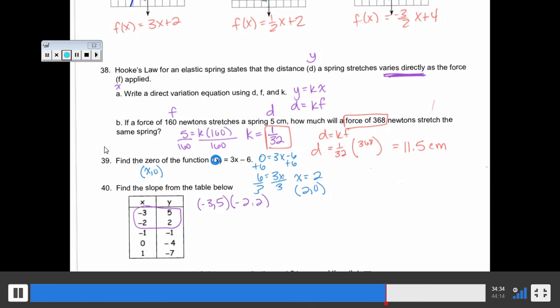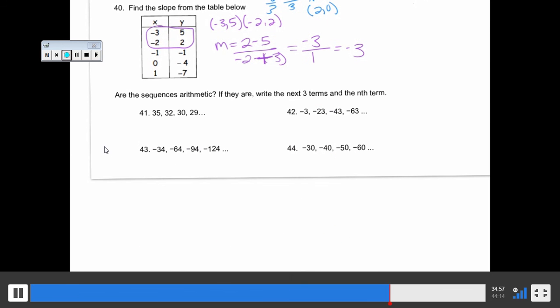And I'm going to plug them into the formula, y2 minus y1, so that's 2 minus 5 over negative 2 minus negative 3, so that's negative 3 over, that turns to a plus 3, so over 1, so the slope is just negative 3.